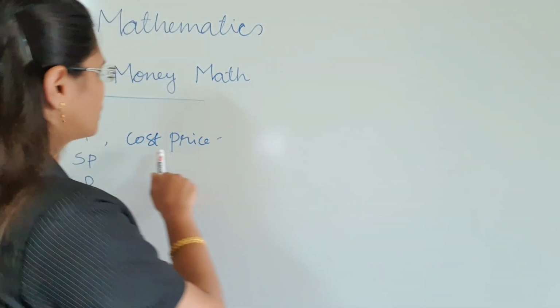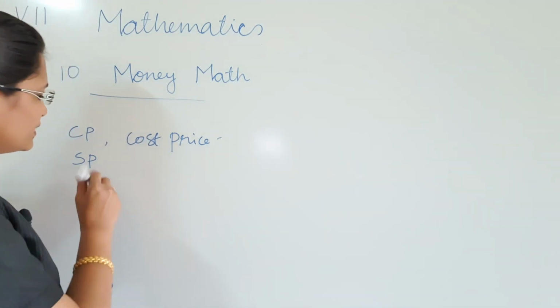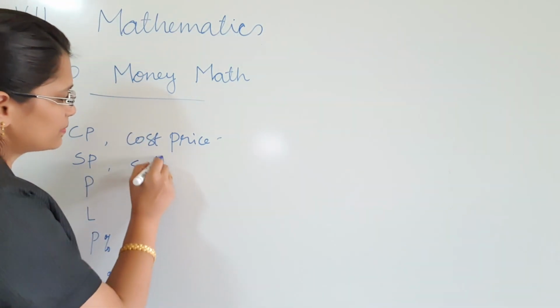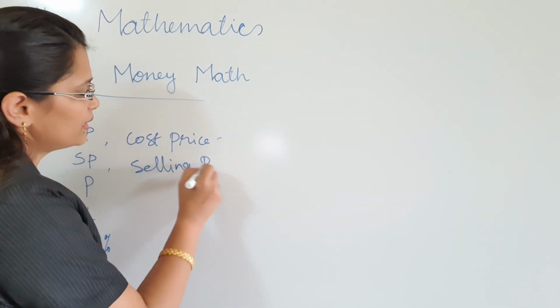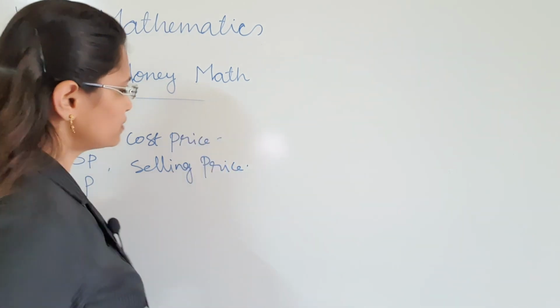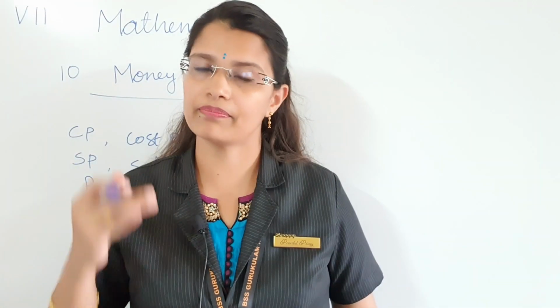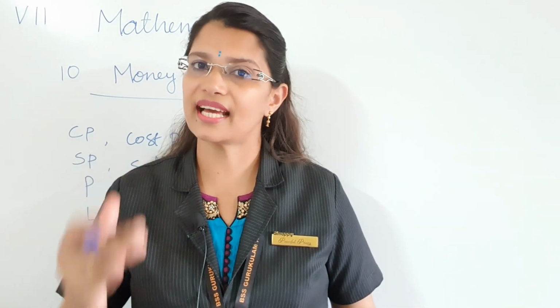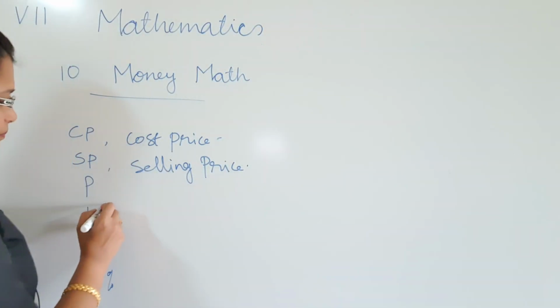Cost price means the price at which we buy the things, that is called cost price. And then selling price. What is the selling price? Selling price means the price at which we sell the goods is called selling price.